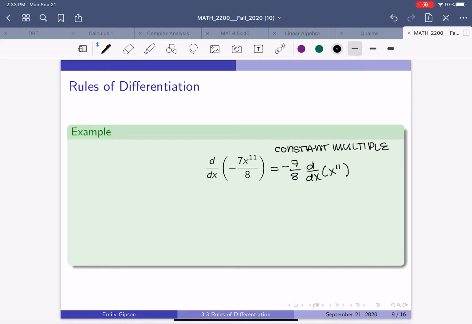And we know using our power rule that d dx of x to the 11 is 11 times x to the 10. We can simplify our expression and we get negative 77 x to the 10th over 8. And that's our final answer.